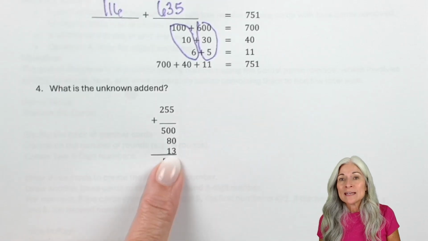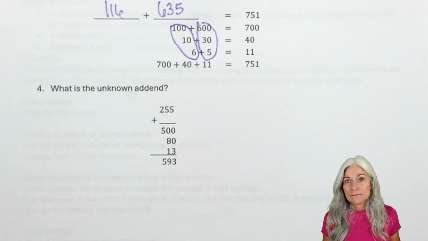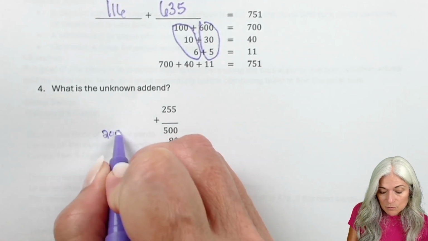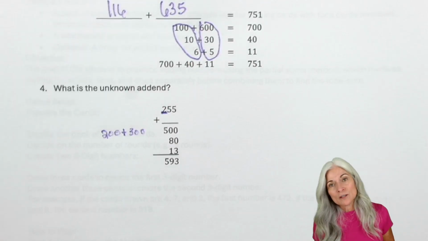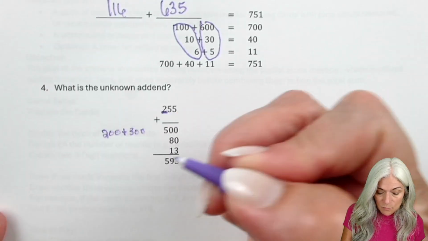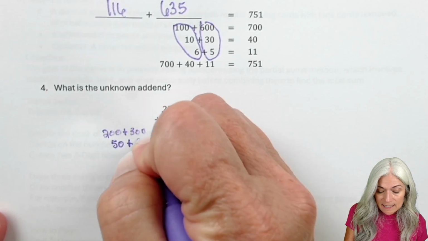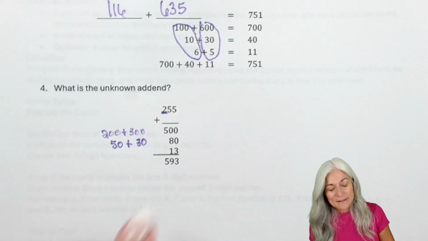So how can we get 500 here? Well, we would have 200 plus 300. I use 200 because we've got the 200 there. How did I get 80 here? Well, I have 50. So what would I add to 50 to get 80? I'd need another 30. I've got 13 here and I have 5 up here.